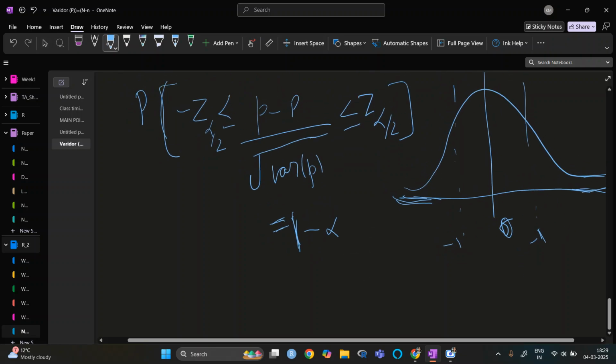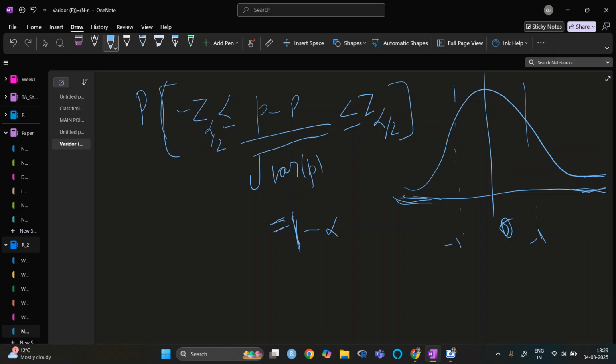So basically, the probability that some x is less than or equal to a. Here I'm saying it is, let's say, some CDF.